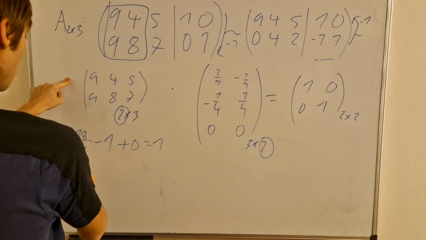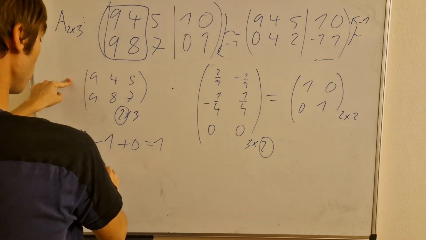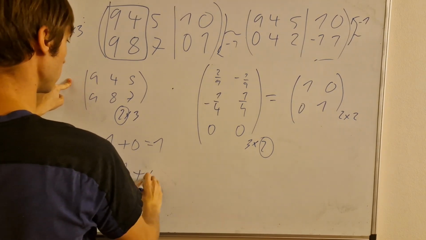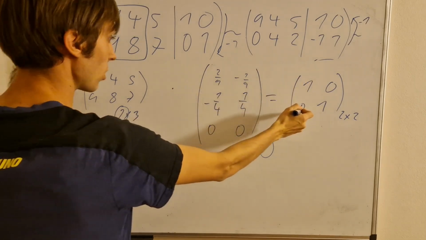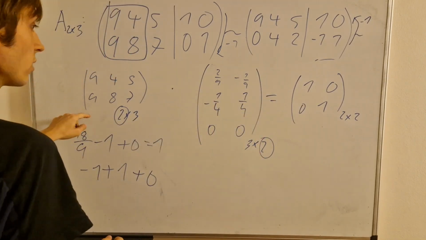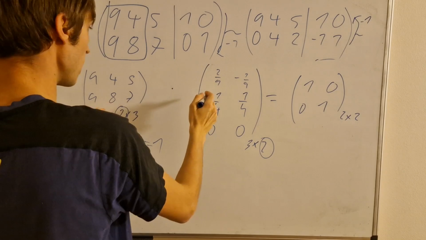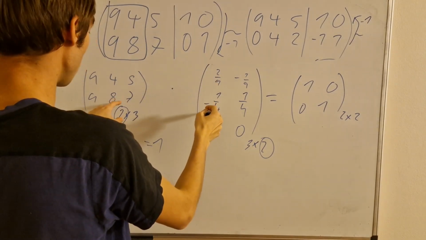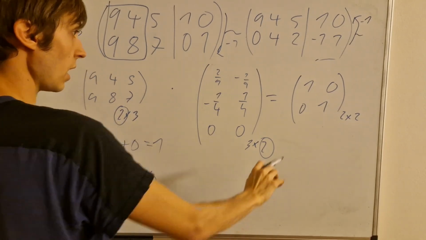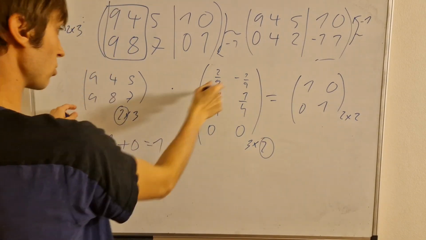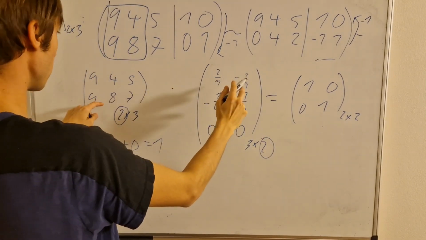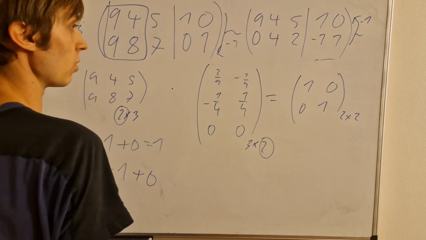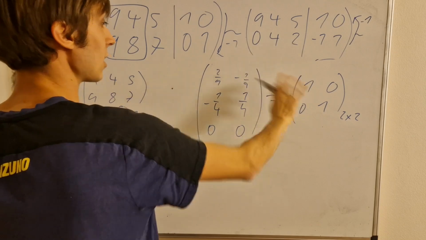So that's minus 1 plus 1 plus 0. So yes, it's 0. What about this entry? Well, that's second row times first column. That's 2 minus 2, 0 plus 0, 0. Good. And what about this last entry here? So second row, second column. Minus 1 plus 2 is 1 plus 0 is 1. So yes, it works.